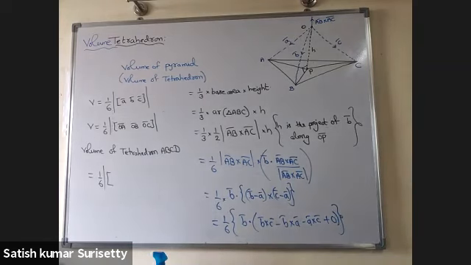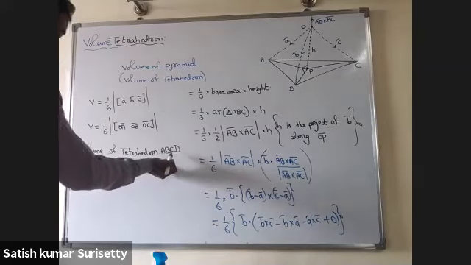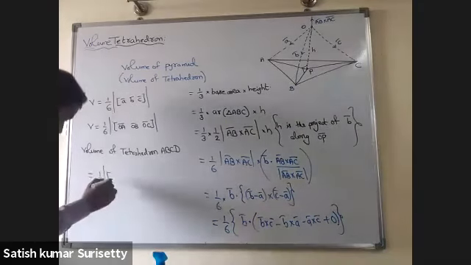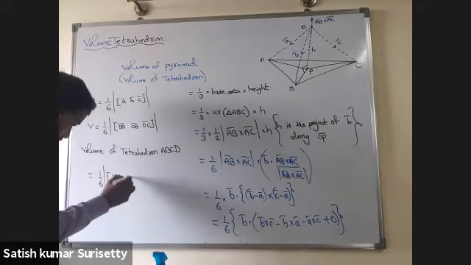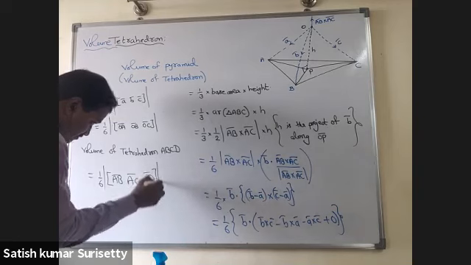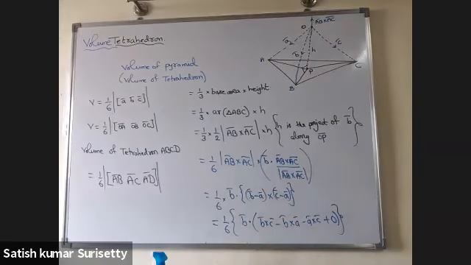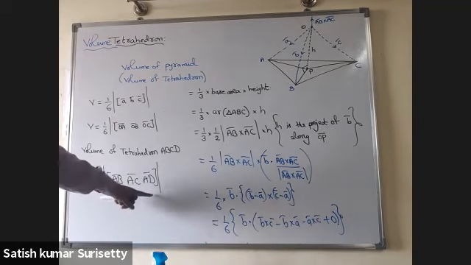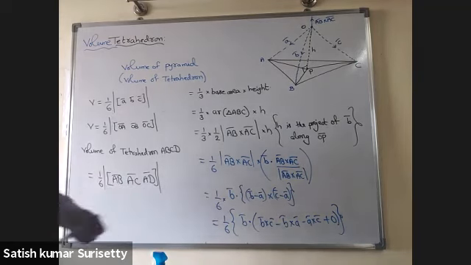Now you can fix any one of the vertices and you can calculate the three vectors. That means I can write AB bar, AC bar, AD bar. So volume of tetrahedron, I am fixing A, is 1/6 scalar triple product of AB bar, AC bar, AD bar.